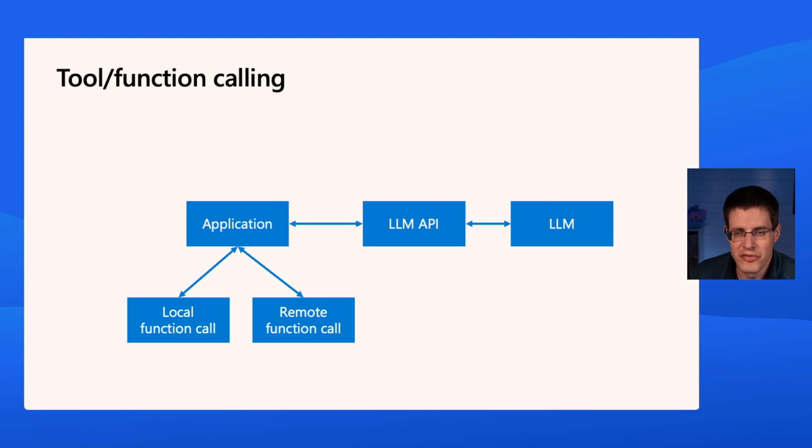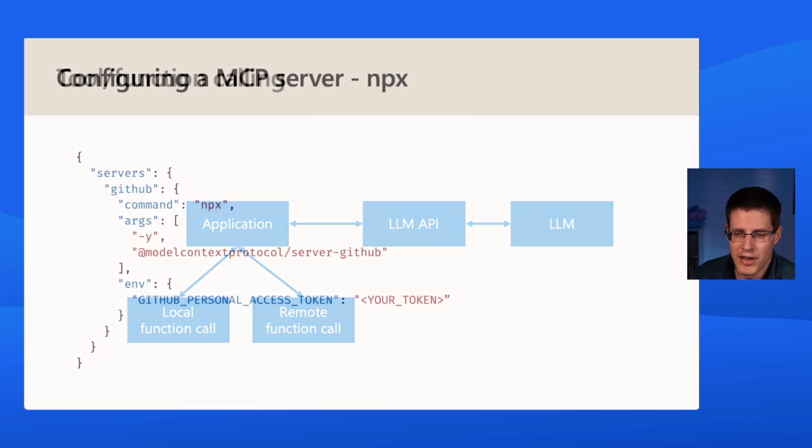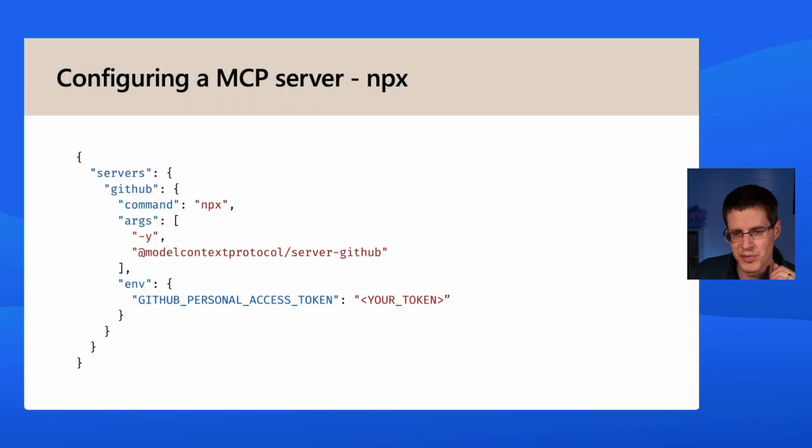this MCP server, okay? And the way this gets configured, and the configuration looks a little bit different per application, but for example, this particular configuration will say, hey, when this app starts up, I want to run a GitHub MCP server, and to do so, I'm going to use this npx command.